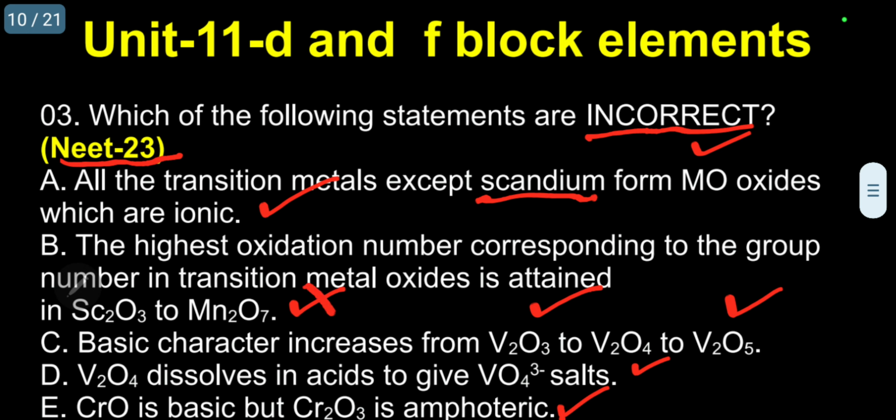It is wrong, incorrect. Because there is another one called osmium tetroxide, oxidation number +8, the maximum oxidation number. So B is incorrect. So C, D and E all are correct.